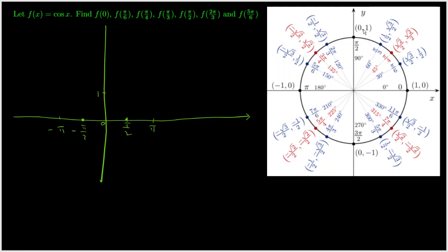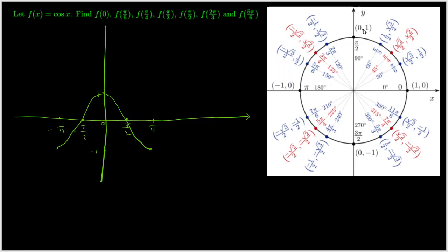Cos of pi is -1. Say -1 is here. So this point is on the graph. So the graph is kind of that, in between negative pi and pi.